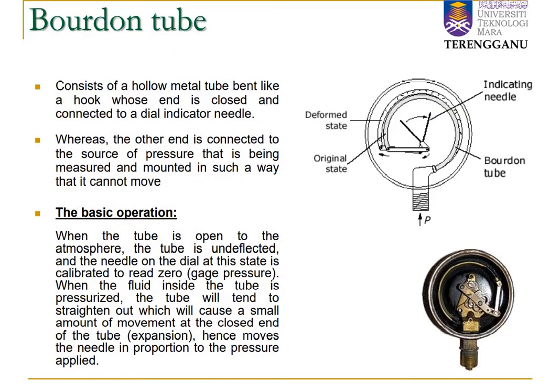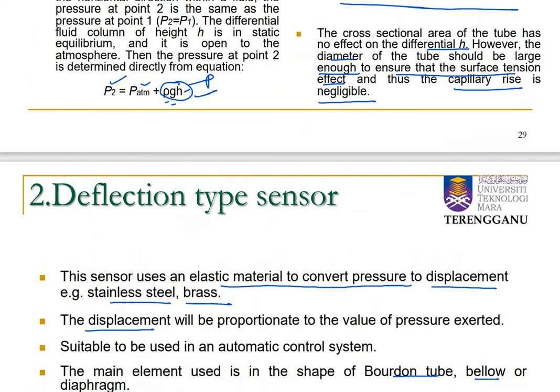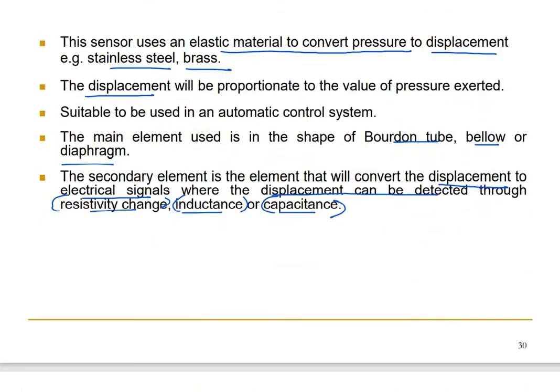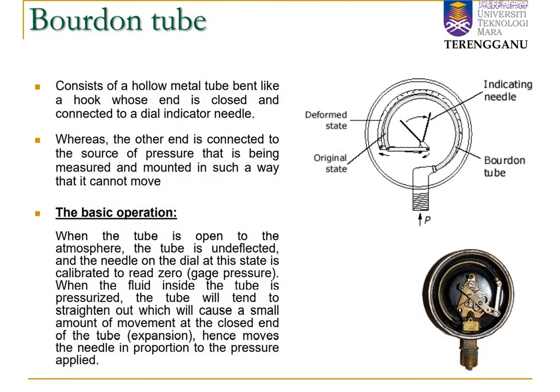Okay, now I will explain the first type of this deflection type sensor, which is the Bourdon tube. The Bourdon tube consists of a hollow metal tube bent like a hook, the grey color one.